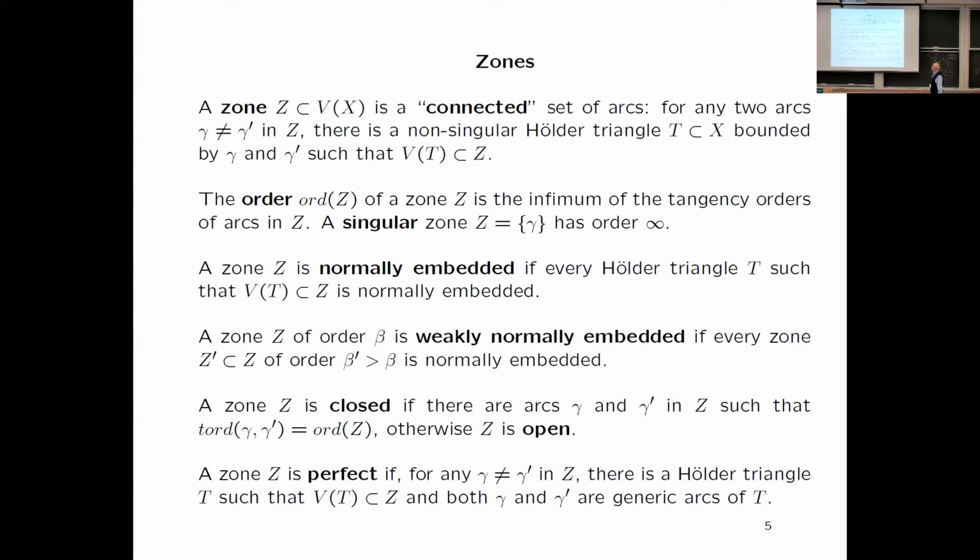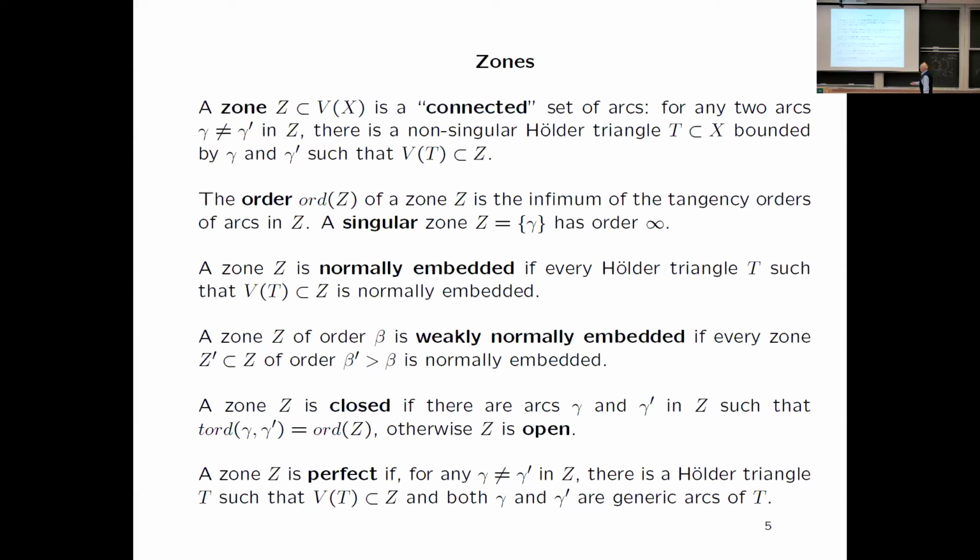So its formal definition is that it's a set of arcs such that for any two arcs there is a Hölder triangle such that those two arcs are boundary arcs of this triangle, and all other arcs belong to our set Z. So it's a replacement of a connected interval for the non-Archimedean metric.